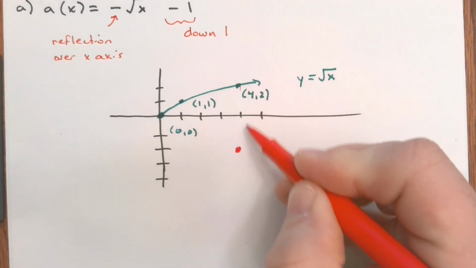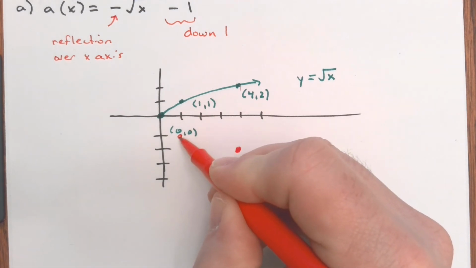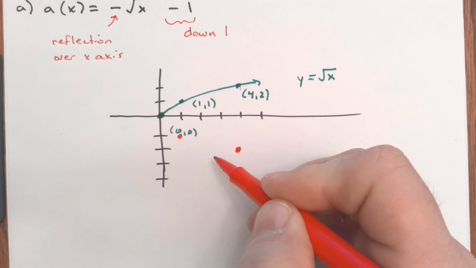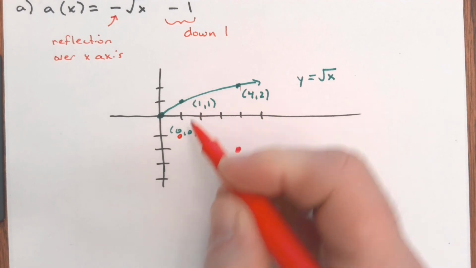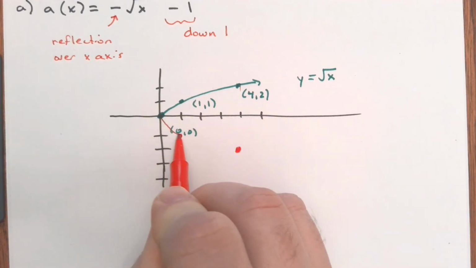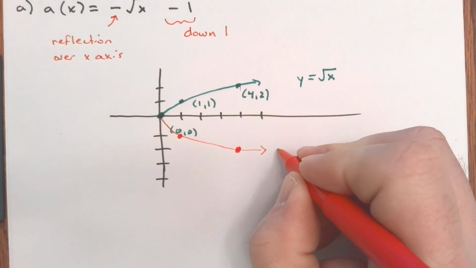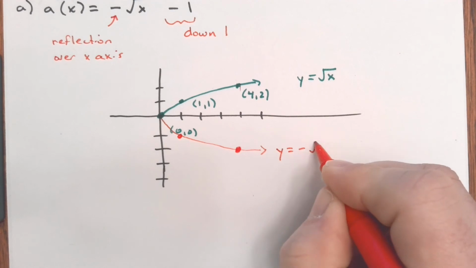So this point would get reflected down here. This is 1 unit above. It would get reflected 1 unit below, and then our point at 0, 0, the distance there away from the x-axis is 0. So you end up with a graph when you do a reflection that looks like this. So this is what the graph of our parent function graph would be, but with a reflection.